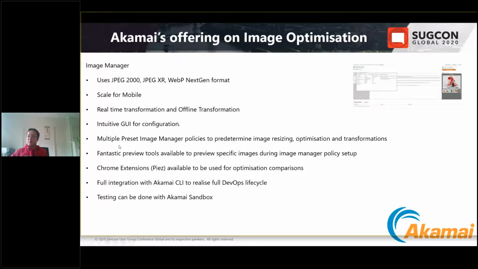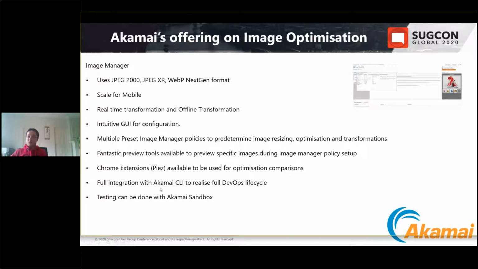You can have multiple preset Image Manager policies to determine the image sizing, transformations, and optimizations as well. It has a tool called Pies, which is a Chrome extension that allows you to do optimization comparisons before optimization and after resizing and optimization.